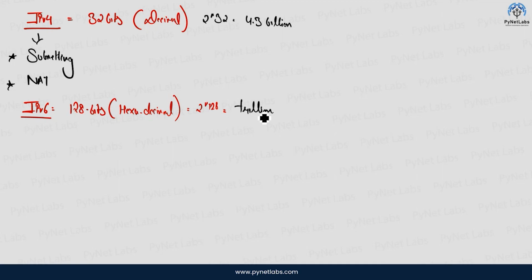It's not like we will run out of IPv6. Because it is 128 bits, a feature of IPv6 is that it gives you a very large address space, and we will not face exhaustion of IPv6.